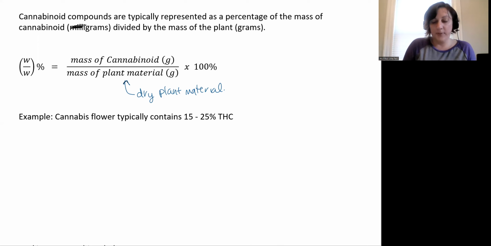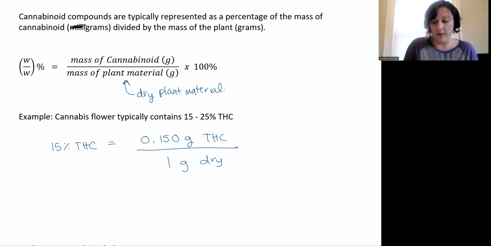So what this percentage is saying, so 15% THC is really equal to 0.150 grams of THC in 1 gram of dry flower times 100.